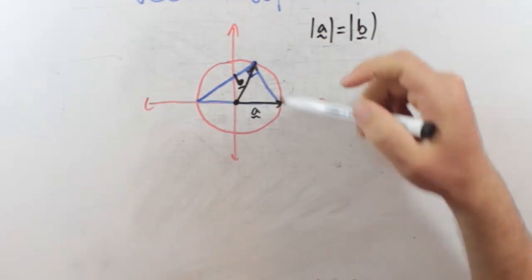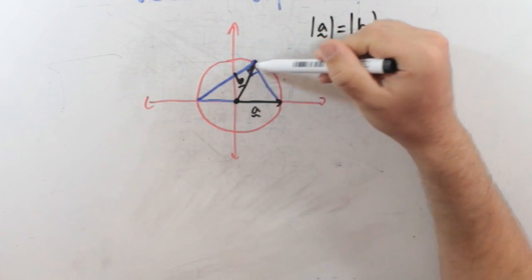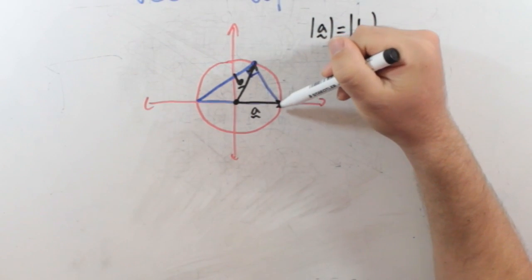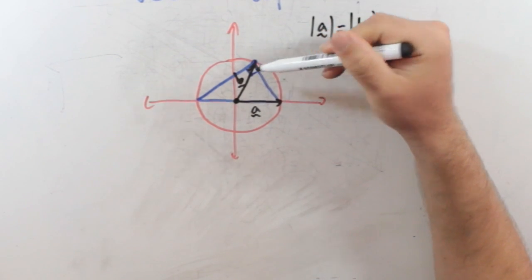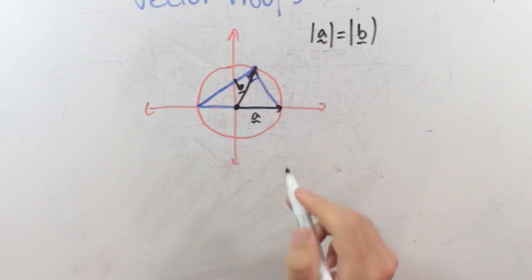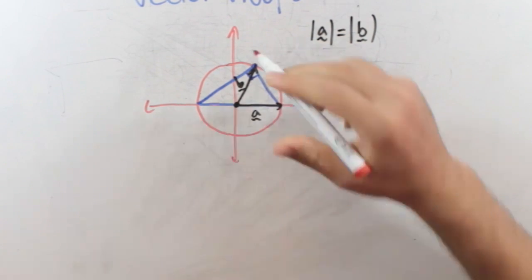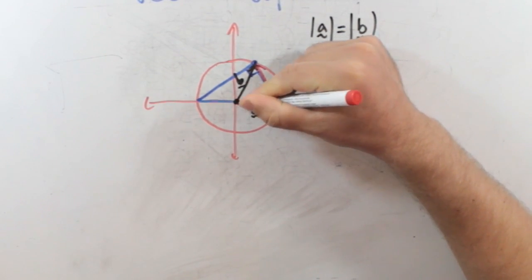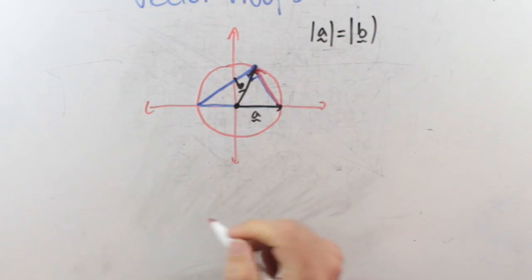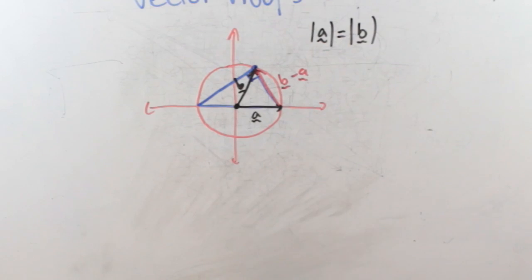We want to get this vector and this vector, and show that they are at right angles. So to get this vector here, I'll do it in red. We're going to go minus a plus b, so b minus a, that vector.